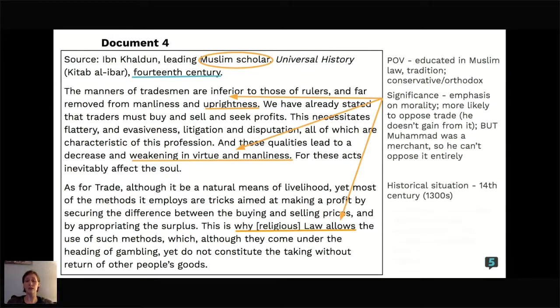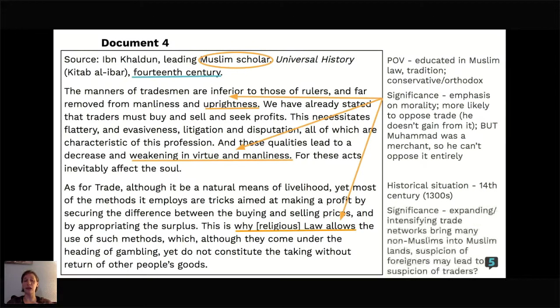But if I wanted to make some inferences, I could think about the fact that I know that in the 1300s, there is an expansion or intensification of trade networks throughout Afro-Eurasia, and that it is bringing a lot of non-Muslims into Muslim lands.